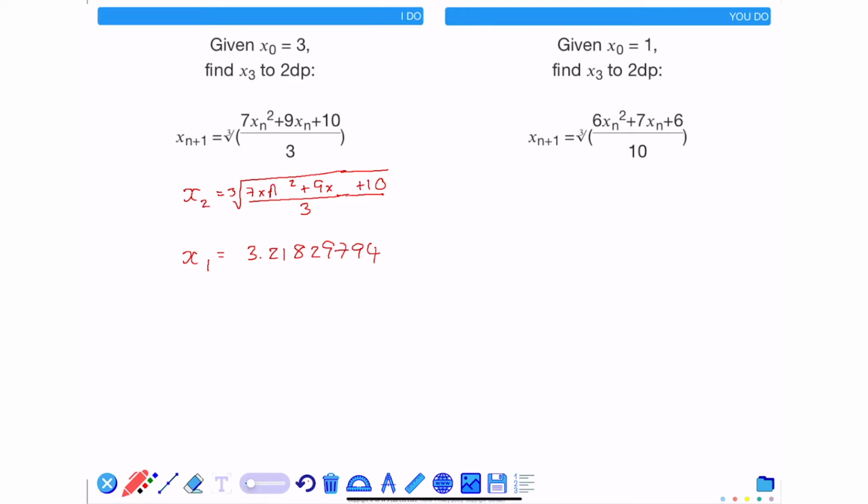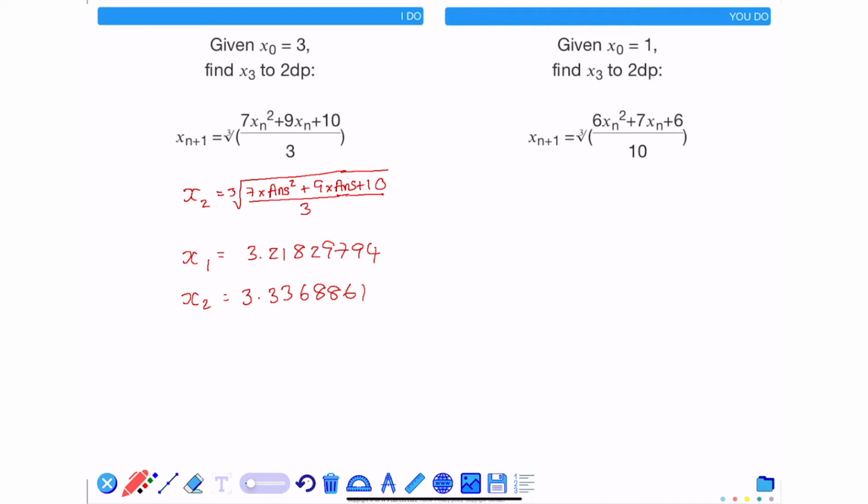And with this, all I need to do is put ANS into the calculator where x1 should be. So typing it in and clicking equals will give me x2 as being 3.33688861.